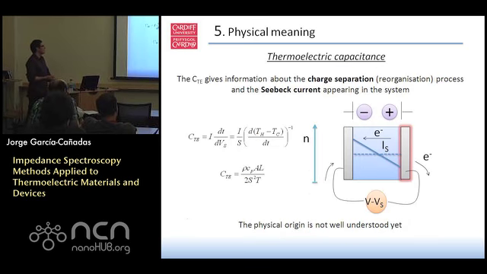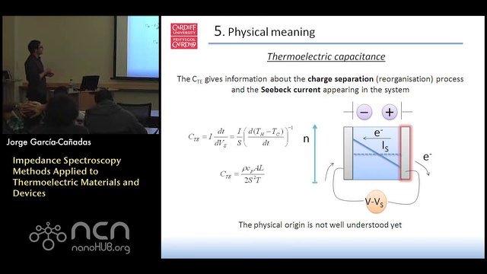The physical origin of this capacitance is not well understood yet, but it gives information about the charge separation, the reorganization of the carriers, and also the process that the Seebeck current, which appears in the system. It's like you discharge one thermal capacitor which provides current.